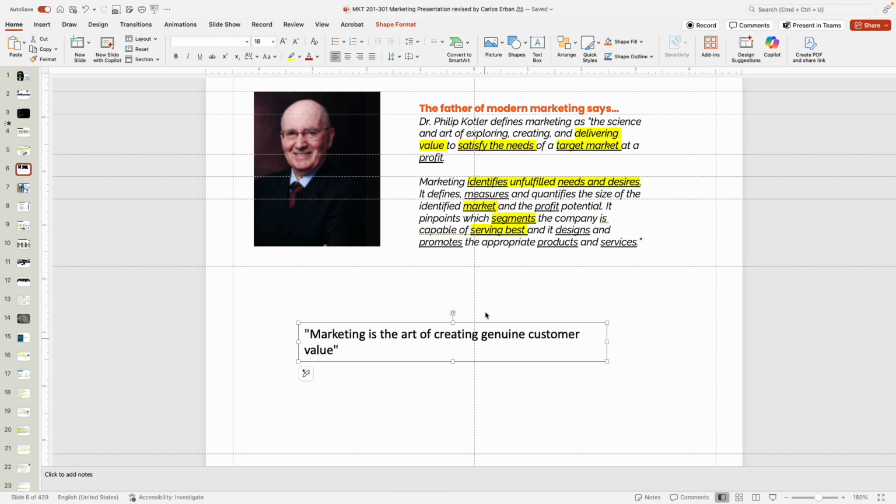Customer value is a concept that we start this course with, and it is very important to understand what customer value is. He also has many quotes about satisfying the needs of the target market, and the other thing he emphasized is doing it at a profit.